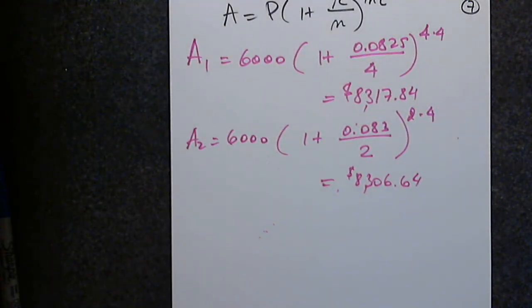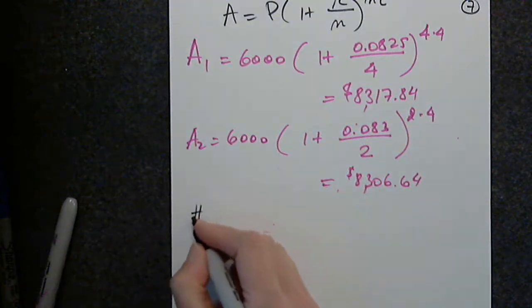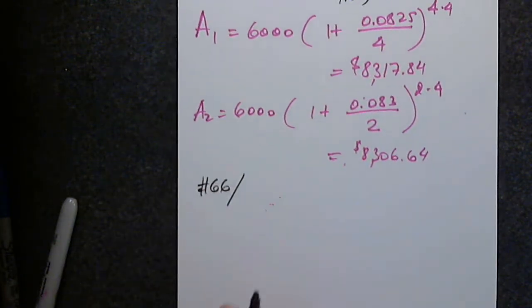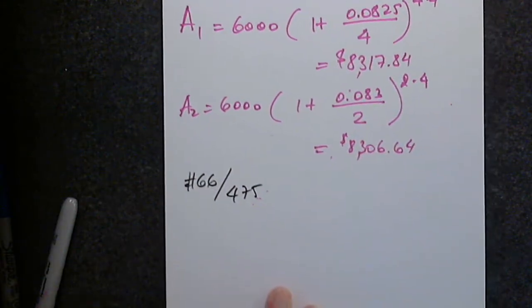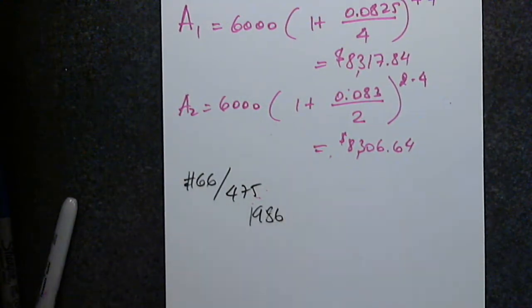Very good. And I also would like to look at a problem like 66, and then we'll continue. 66, 75, same page. In 1986, an explosion at the Chernobyl nuclear power plant in the former Soviet Union sent about 1,000 kilograms of radioactive cesium-137 into the atmosphere.